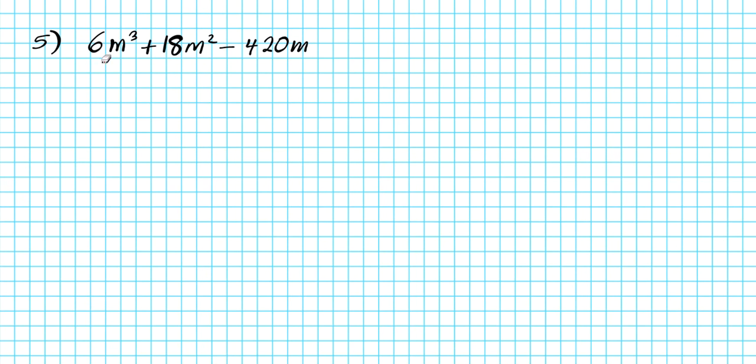So the greatest common factor of 6m to the third, 18m squared, and 420m is 6m. 6m evenly divides each and every term here.